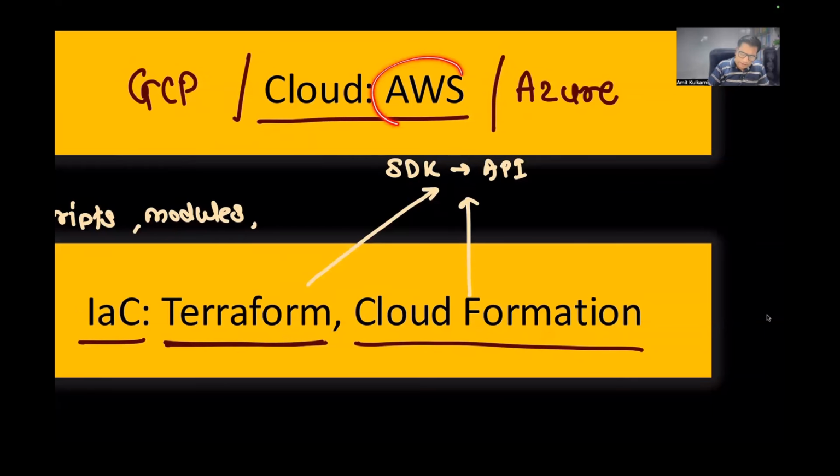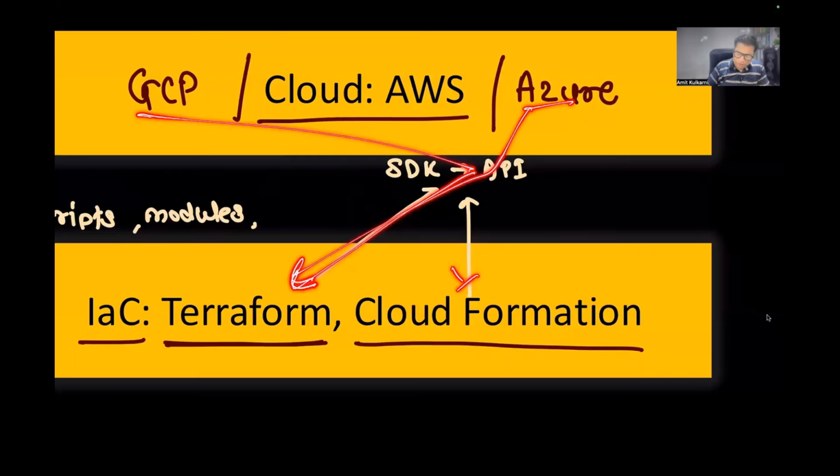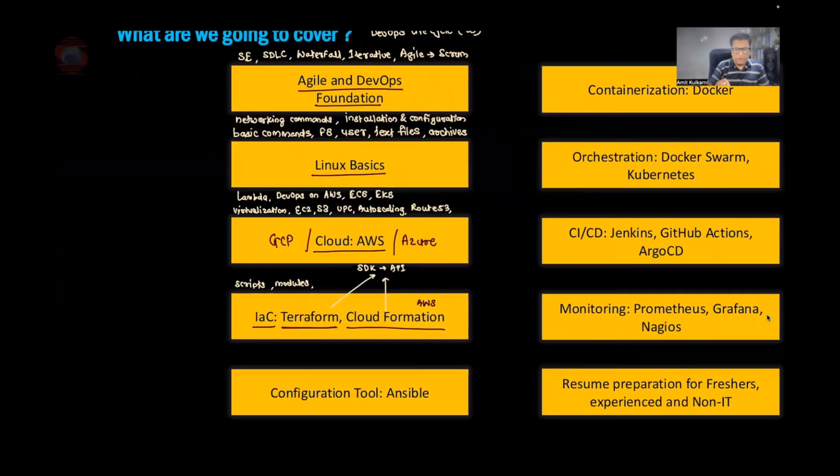So AWS APIs are consumed by Terraform as well as CloudFormation to get all the infrastructure created programmatically. GCP API will be used by Terraform. Azure API can be used by Terraform, not by CloudFormation. CloudFormation is provided by Amazon only for AWS. So this is specifically for AWS stuff.